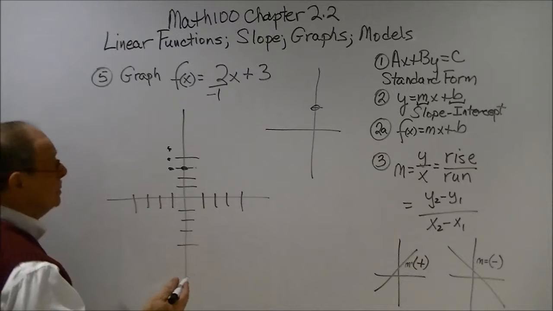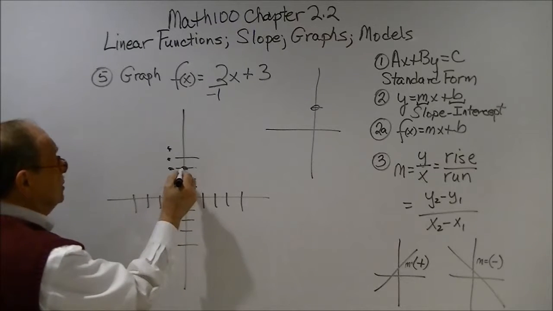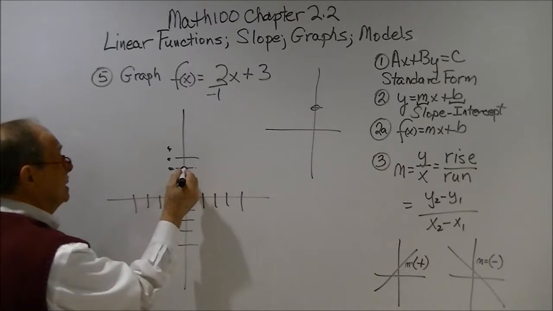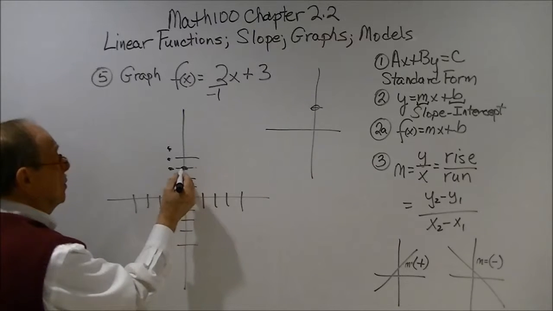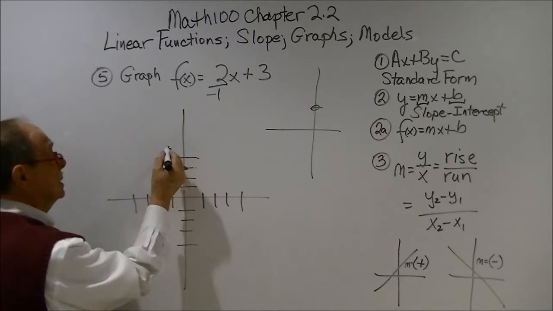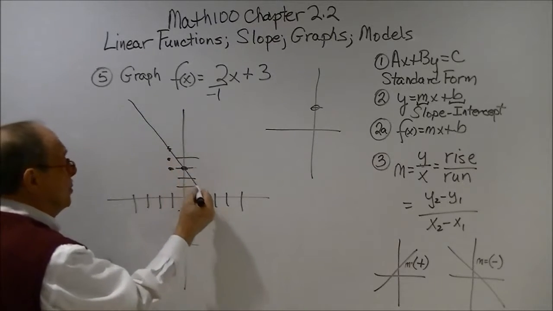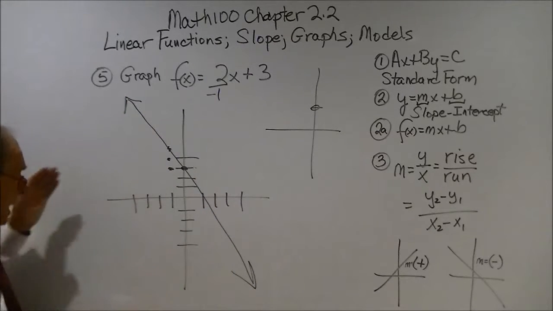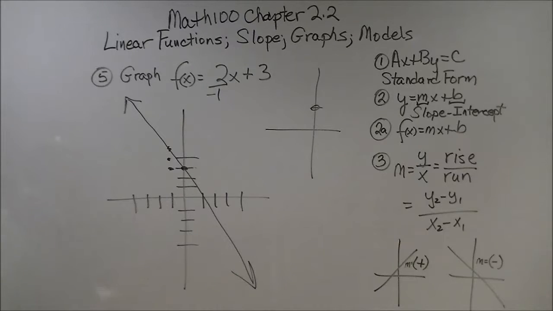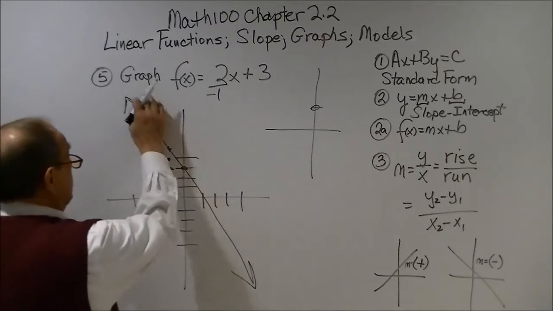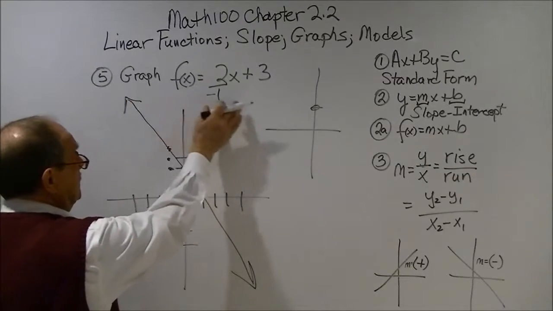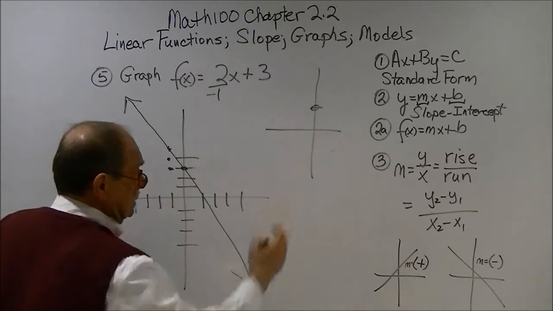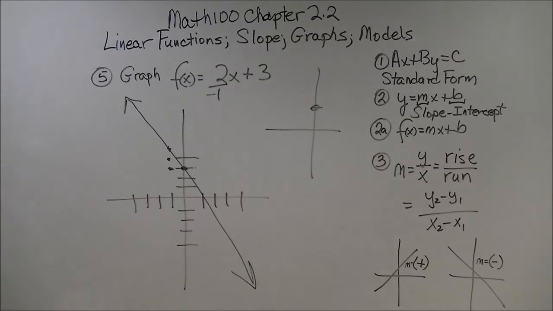I'm putting them there to show you. But you would fix that point, and then go over 1, up 2, and then draw your other point like so. And that is the technique we're featuring in this section, where we graph this linear function, which is in slope-intercept form.